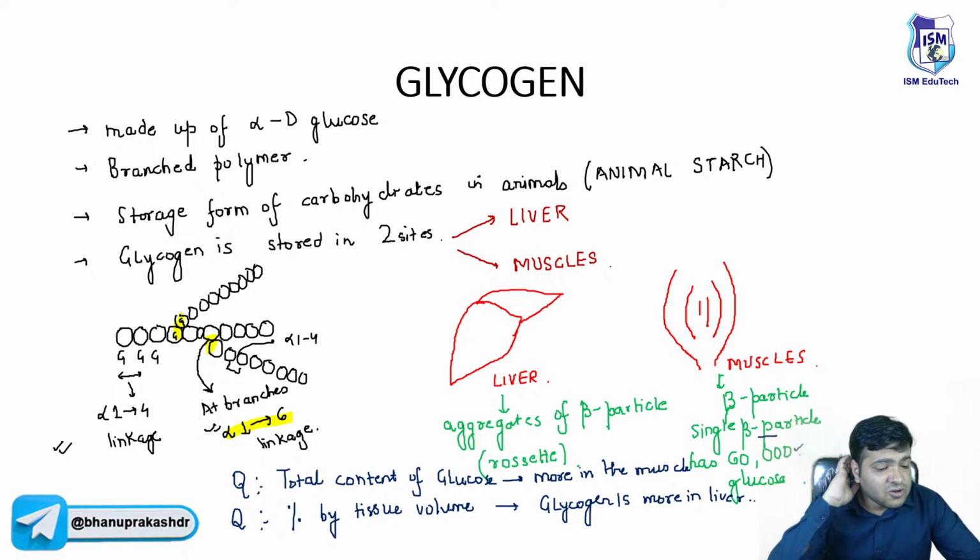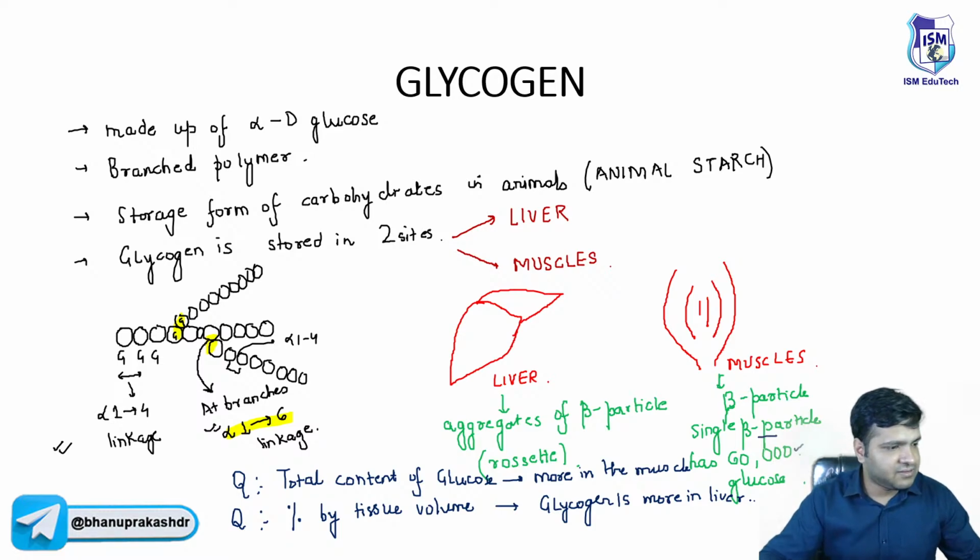See, rosettes of beta particles are highly condensed, they are highly packed. That's why the percentage by tissue volume is more in the case of liver, whereas total content is more in muscles. I hope this point is clear.